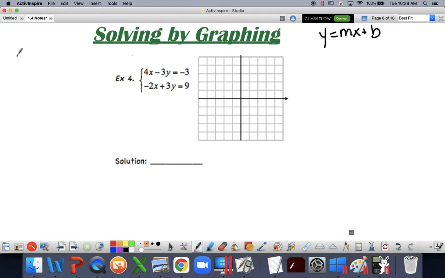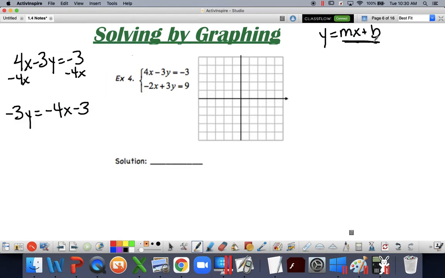So let's look at our first example. To solve for y, I'm going to subtract 4x. I get negative 3y is equal to negative 4x minus 3. Notice how I put the negative 4x first because I'm trying to get it in this form, right? I want the x part up front.